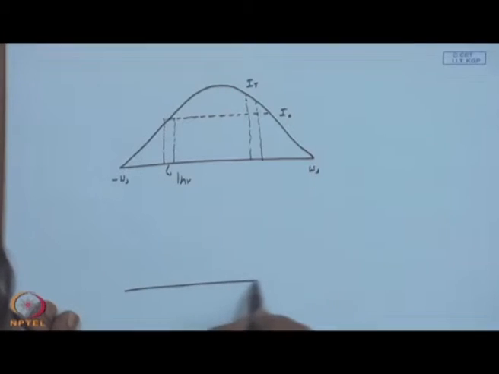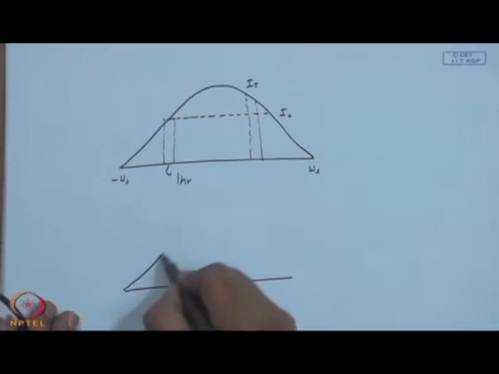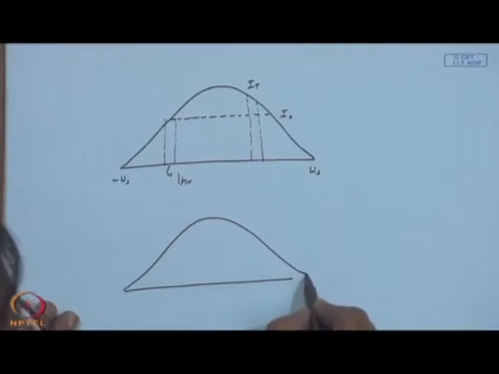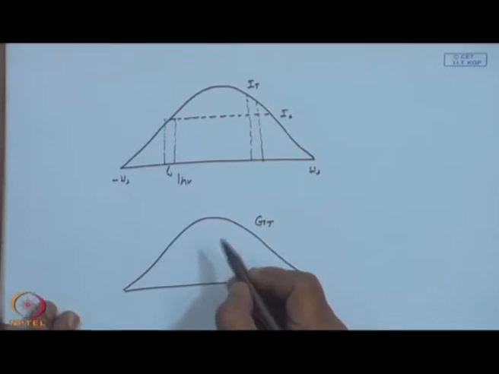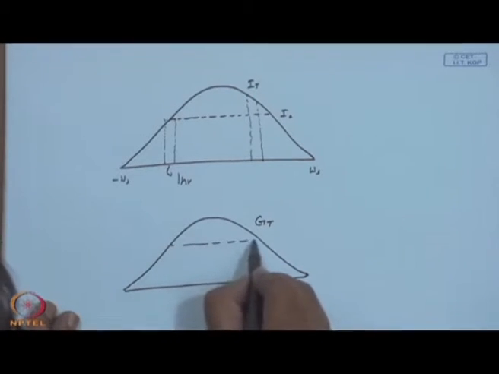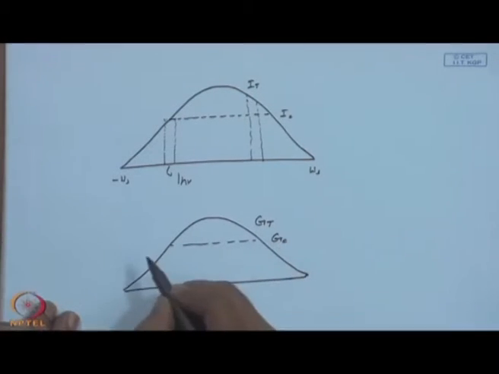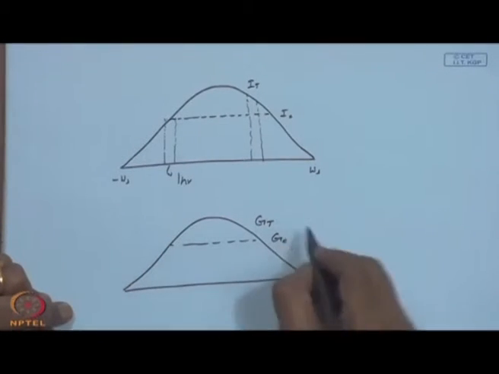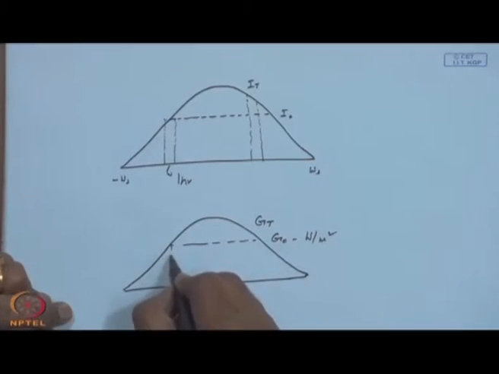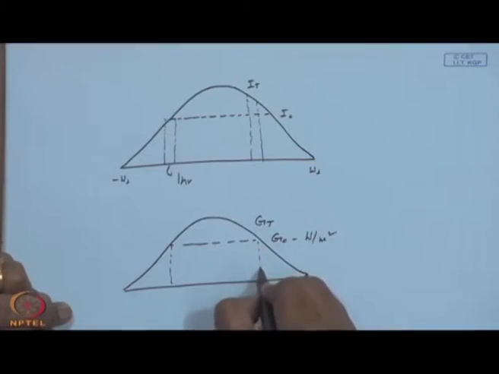Alternately, you can call it GT, the intensity on the tilted plane, to GC, the intensity at the critical level. Then this will be in watts per meter square, which is nothing but the ordinate over here. All right.